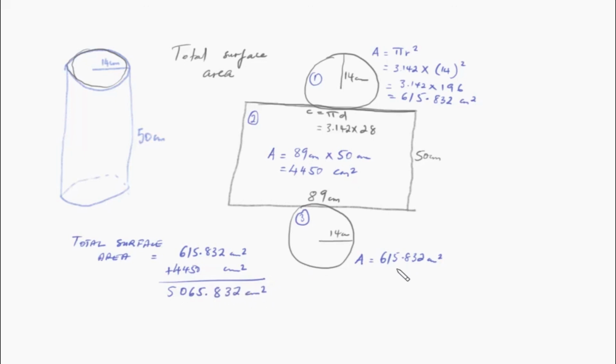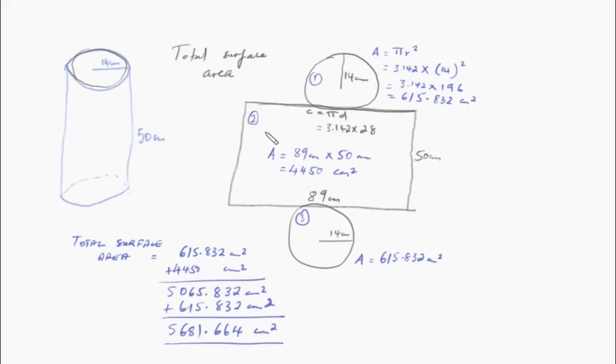Then we are going to add this one. So we ultimately have 5,681.664 centimeters squared. So this would be the total surface area of this solid, which is a closed cylinder.